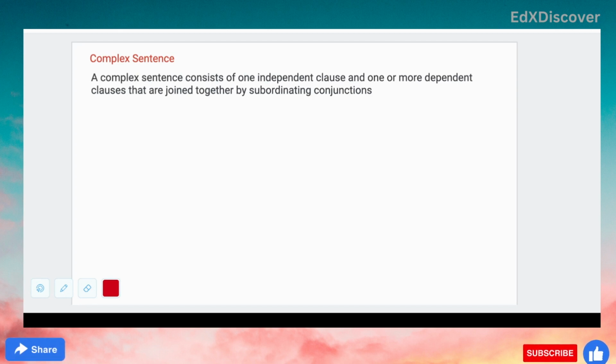You know the difference between subordinate and main. The subordinate clause is the dependent clause and the main clause is the independent clause. So this conjunction connects a subordinate clause to a main clause in a sentence. That is called a subordinating conjunction.